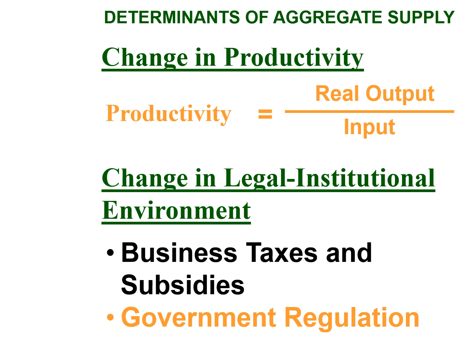So leveling the tax playing field was good for America's economy, and that type of legislation change should shift the aggregate supply curve to the right.